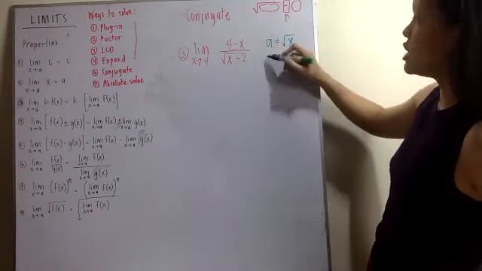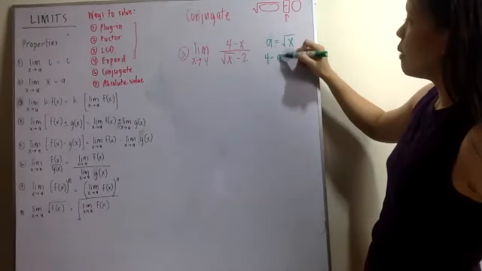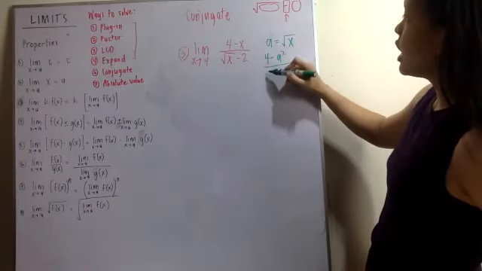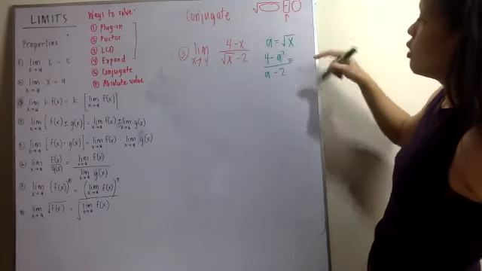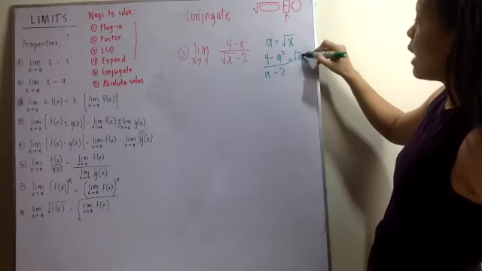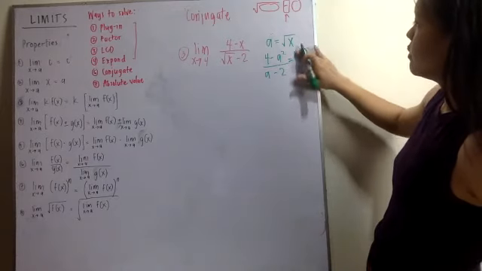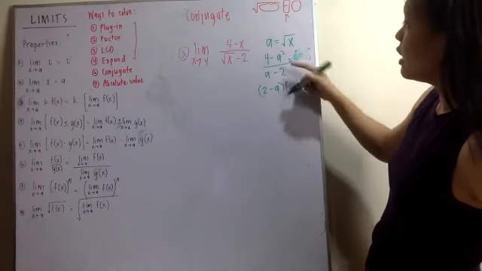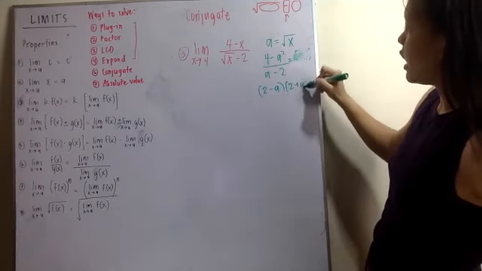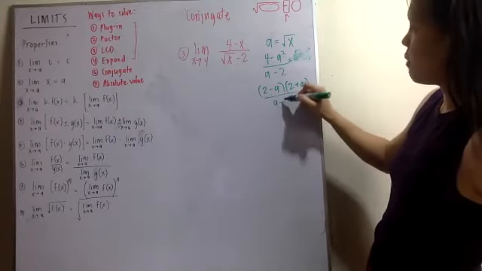X would be a squared. We will have 4 minus a squared over a minus 2. At ito, pwede natin i-factor. We will have 2 minus a, 2 plus a over a minus 2.